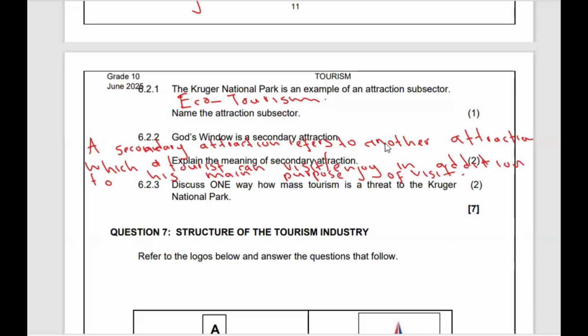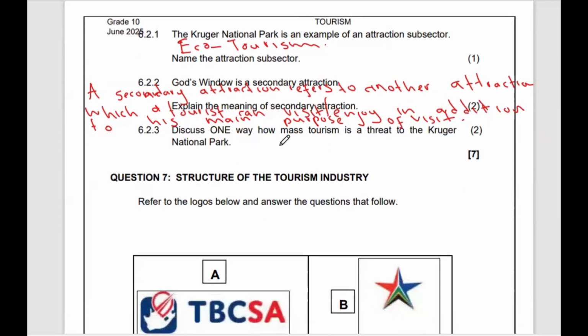So the main purpose might be visiting the Blyde Canyon, but in addition to that, they might also end up visiting God's Window. That's why we are considering God's Window as a secondary attraction.